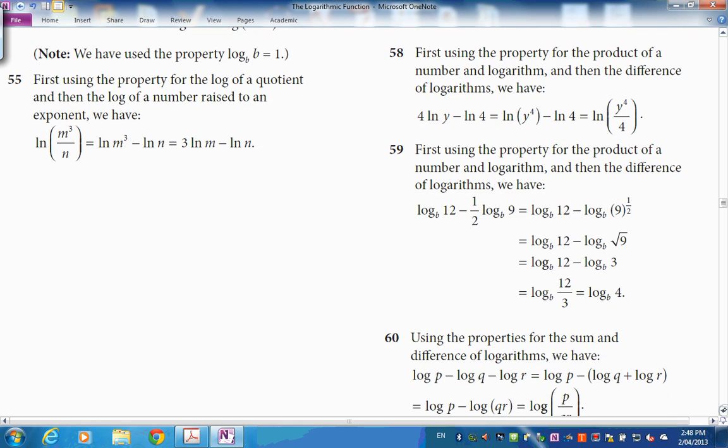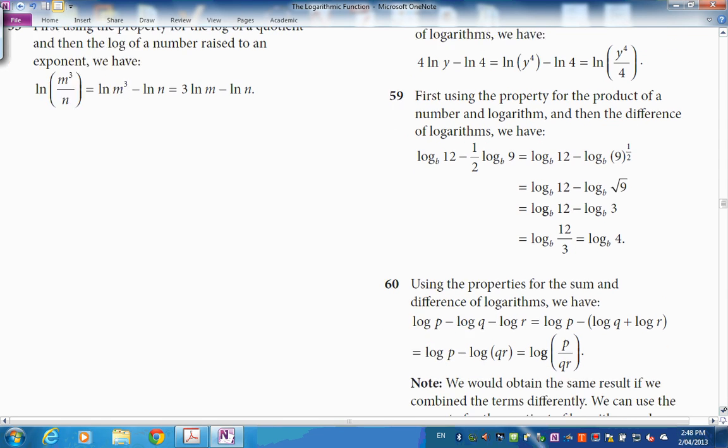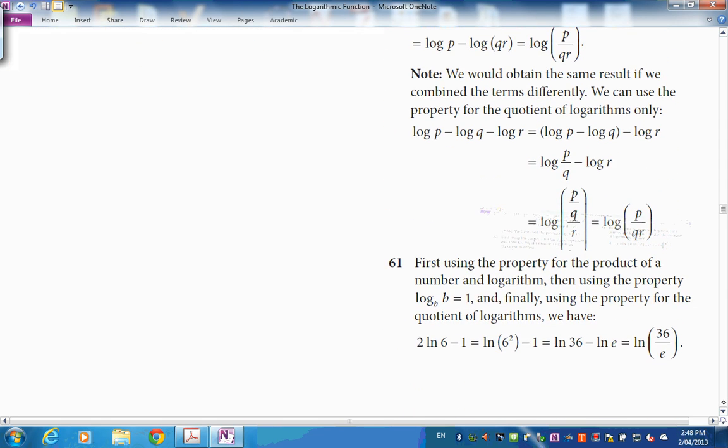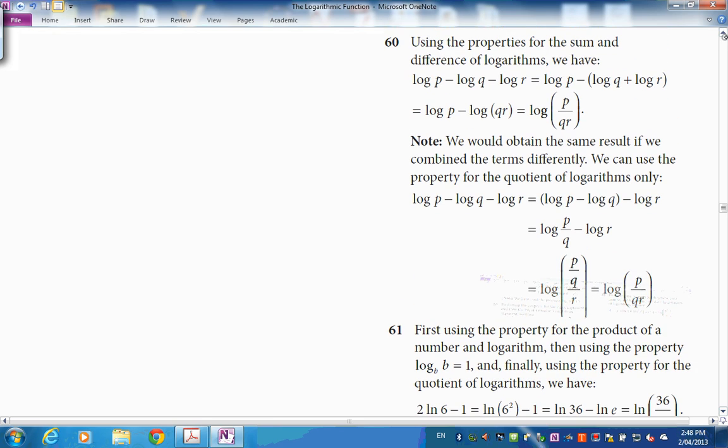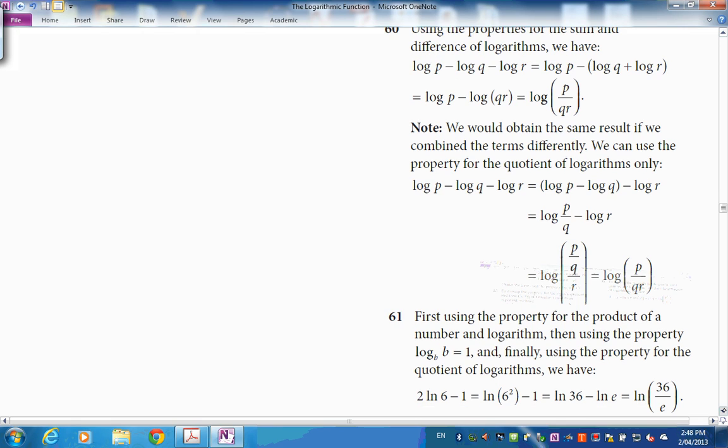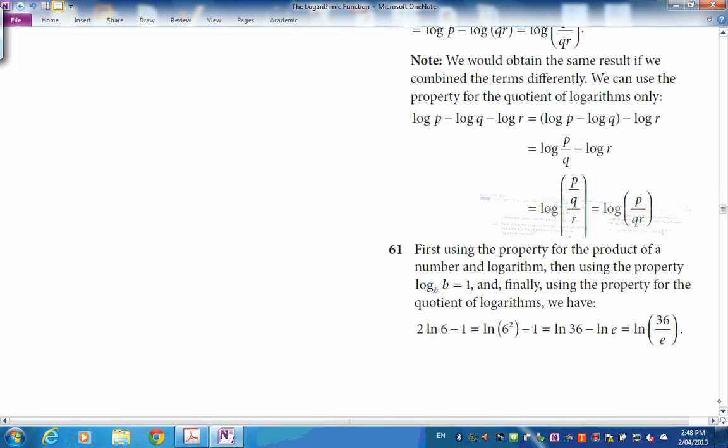Just come down a bit. Down to 59. Yep, 60, I think we need to have a look at that a bit more closely. 60 there. And then 61. Okay, so you might like to toggle back and have a look at those problems and then mark your work. Alright, I'm going to go on now.